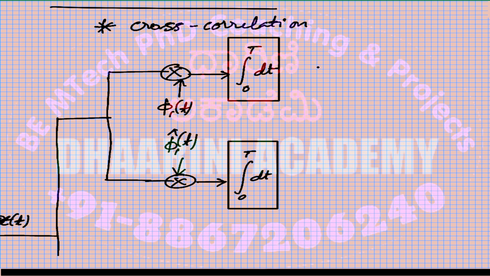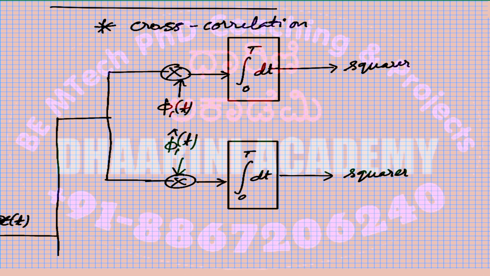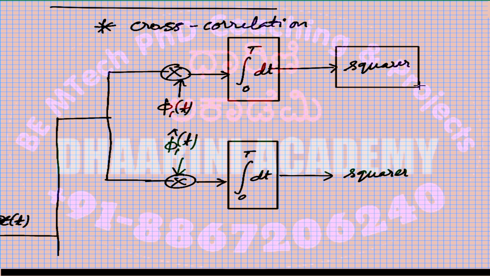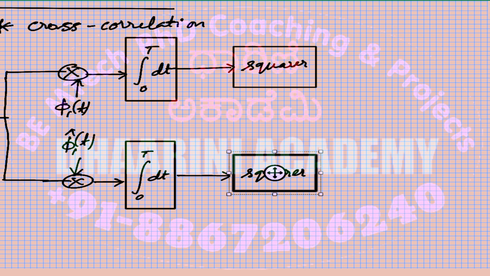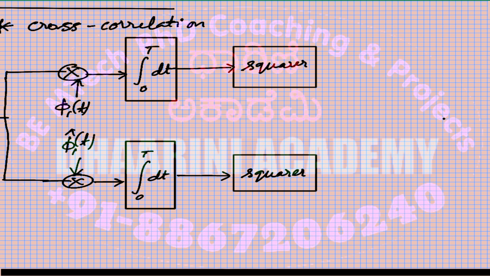we have a squaring circuit, right? So this is a squarer here and another squaring circuit here. Both the squaring circuits are then combined, we can use a summer circuit.